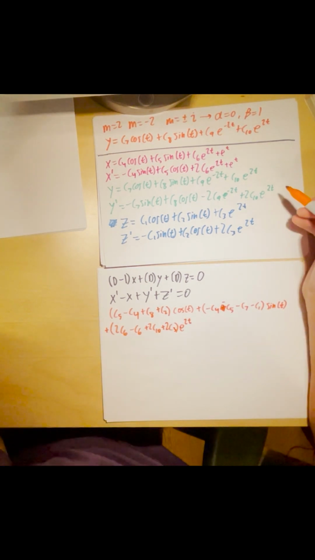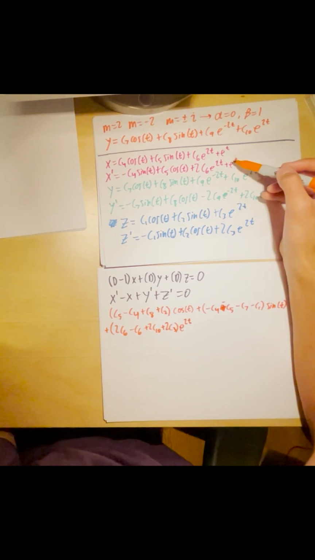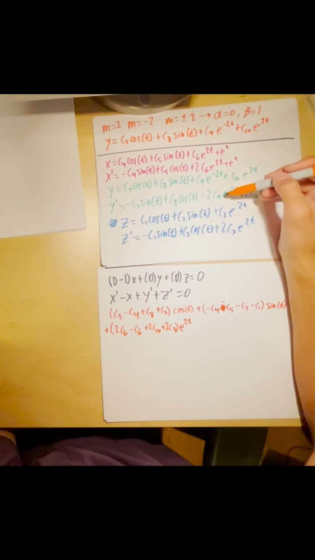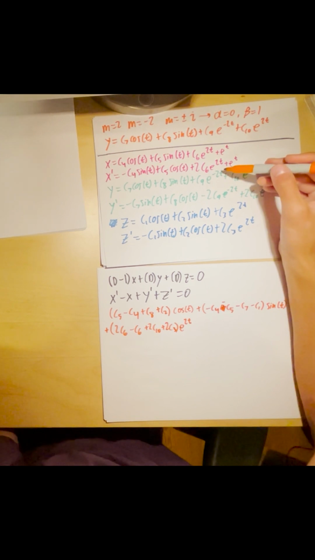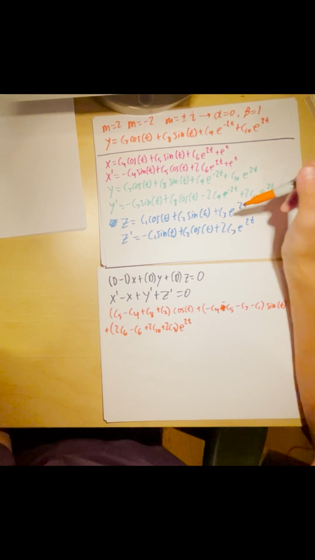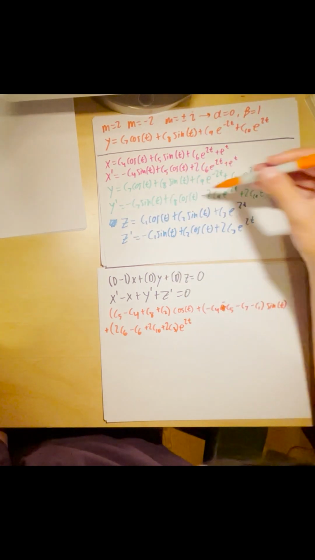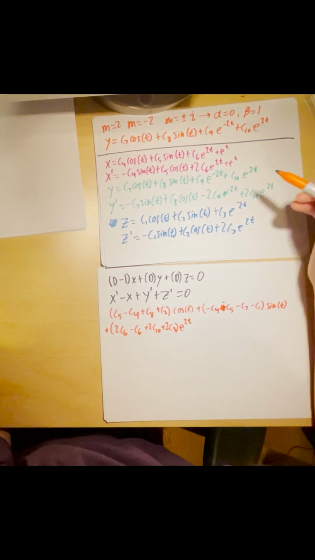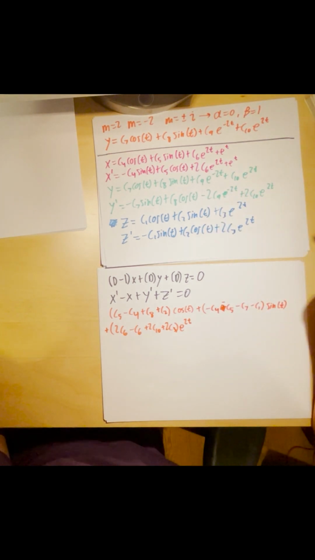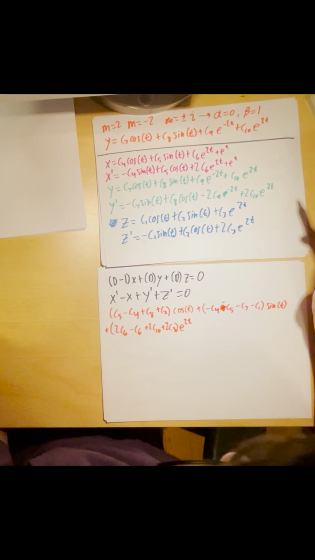So we have some oddballs, which would be these e to the t terms that we haven't accounted for, and this e to the negative 2t term, negative 2c9 e to the negative 2t. Because we're only looking at y prime, it's going to be this second one. I will do that one first.